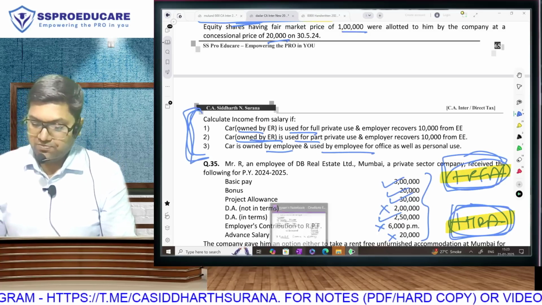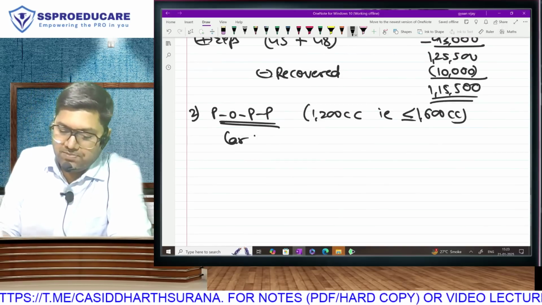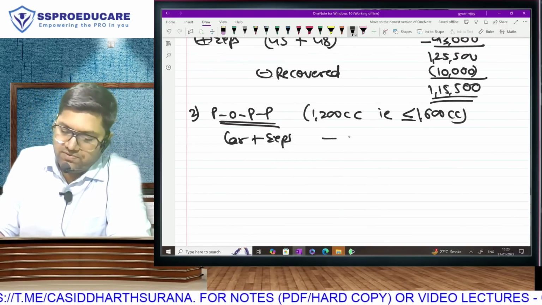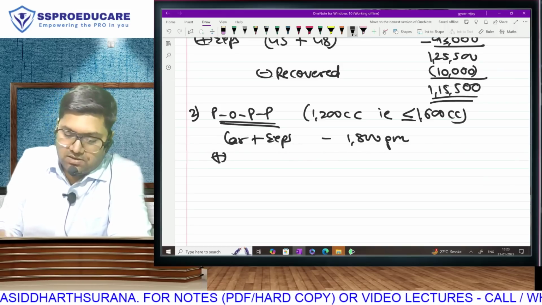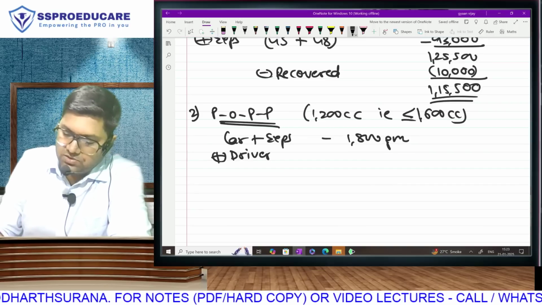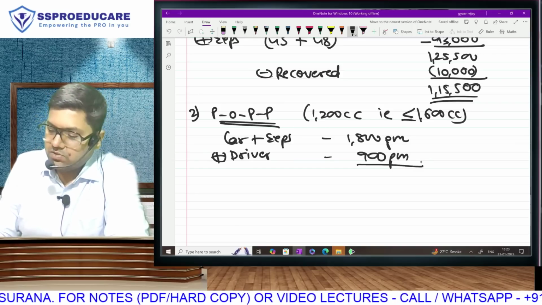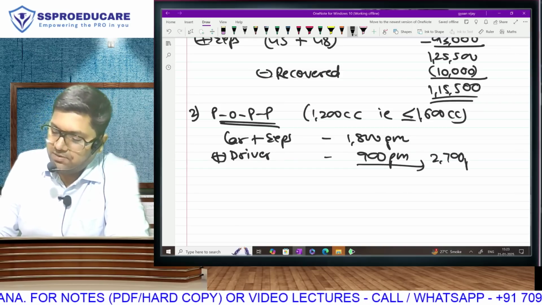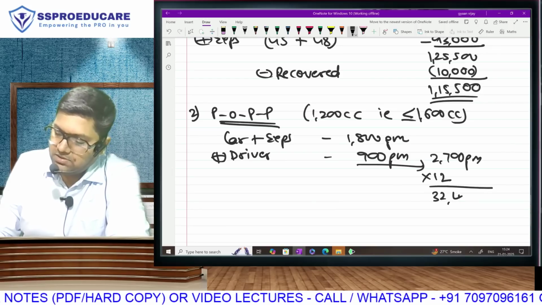And in the first situation of POPP, what was the rule for a small car? Car plus expense was 1,800 per month. Correct? Plus a driver is also given here. So for the driver we have 900 per month, making the total 2,700 per month. When we multiply by 12, we will get 32,400.